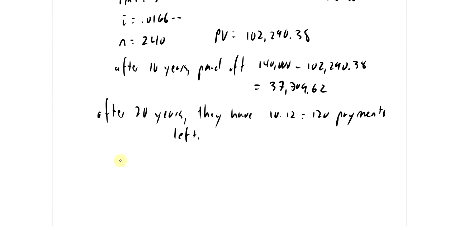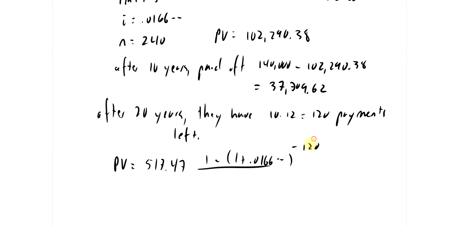So what's the present value of, was that $517.47? That's our payment, times 1 minus (1 plus I) to the minus now 120, right? Because it's only 120 payments left, over I.